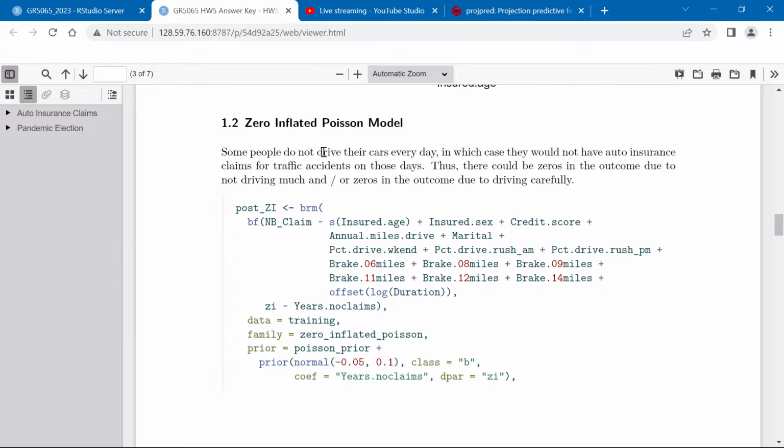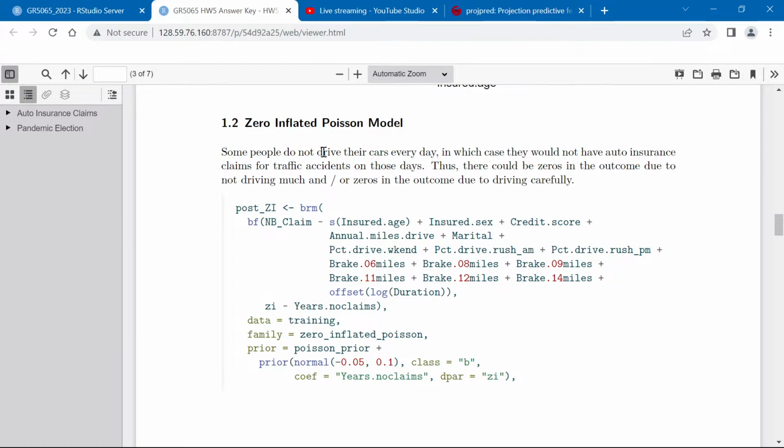So you've got those zeros, and then you've got zeros from people who drive more. They just drive really carefully, and so they have a low probability. And so you could have a mixture of zeros.